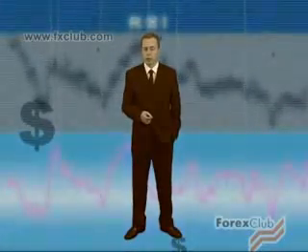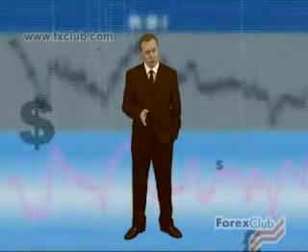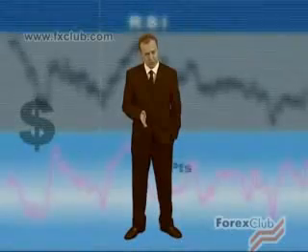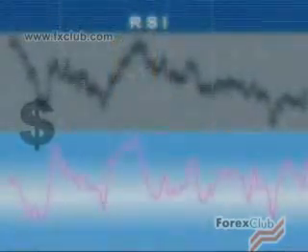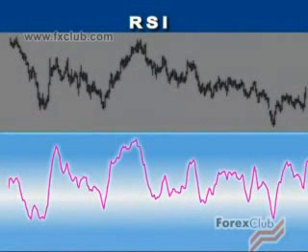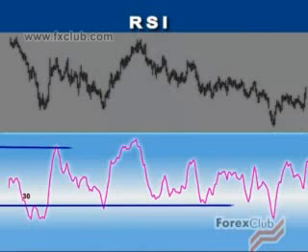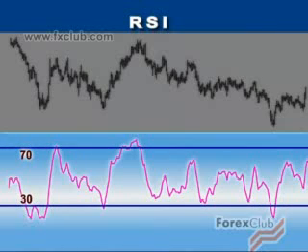Well, we've already studied how to identify price direction, and we know that relative strength index was not developed for trend following. Our goal, and RSI's too, is to identify optimum entry and exit points. RSI fluctuates between 0 and 100, and we draw two horizontal lines within this range at levels of 30 and 70.